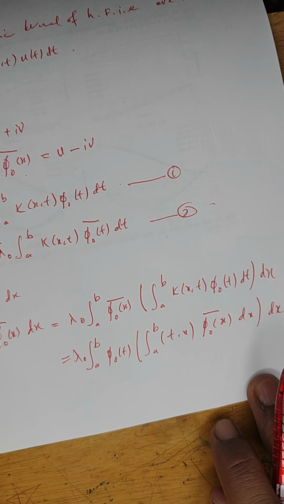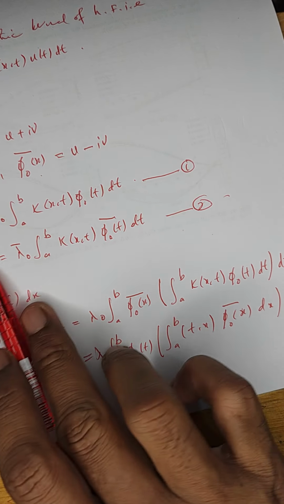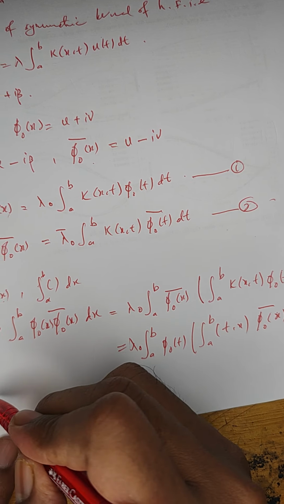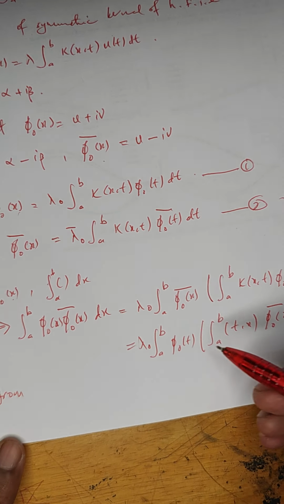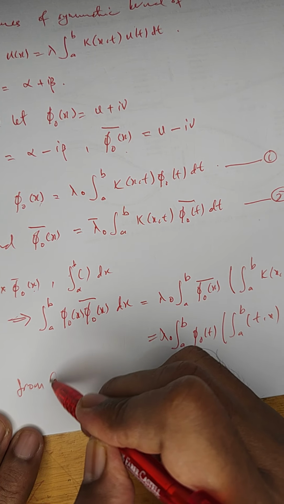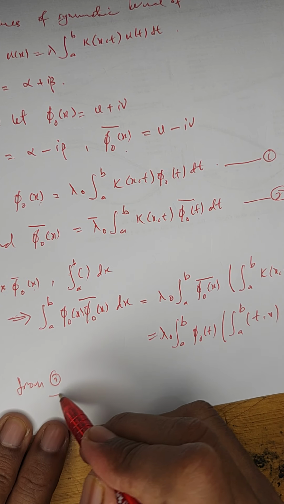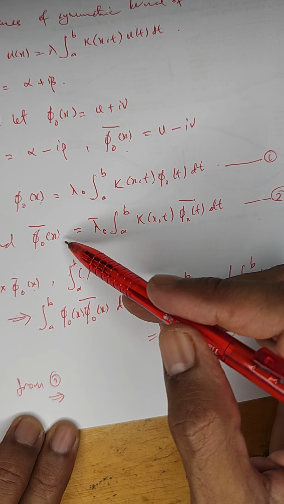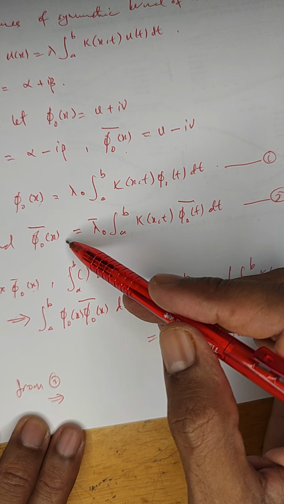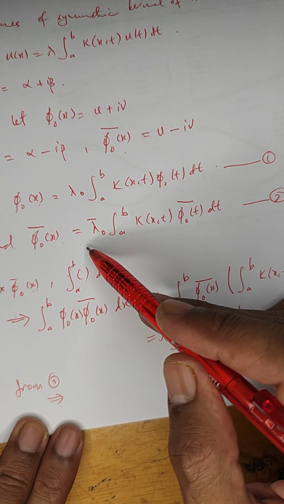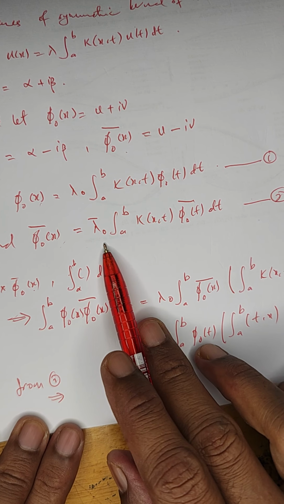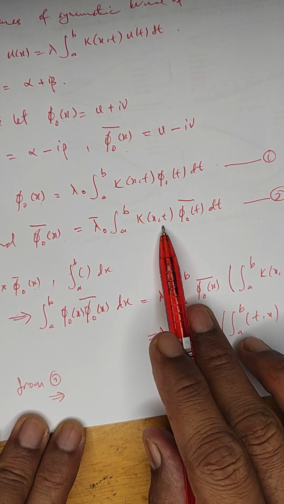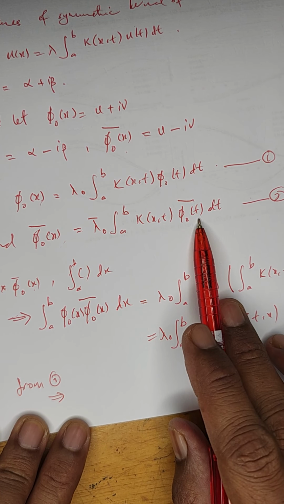Okay, and then from that equation, from 2, we can write: we have phi naught x, so we have lambda naught, this is k(t,x), and this is phi naught.